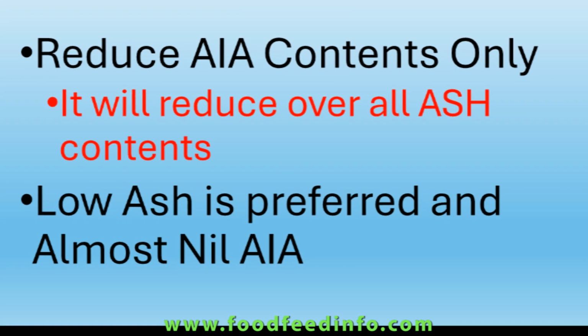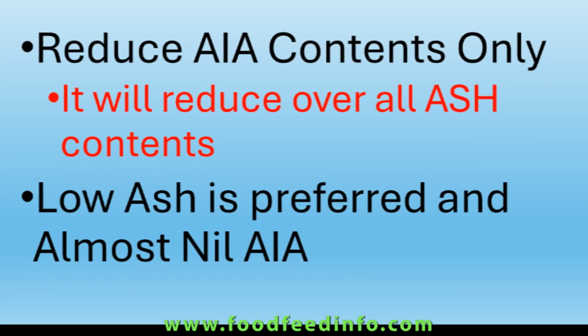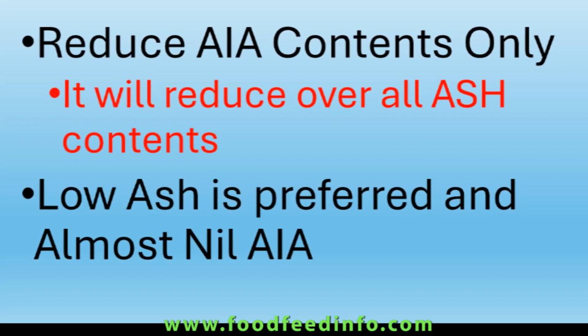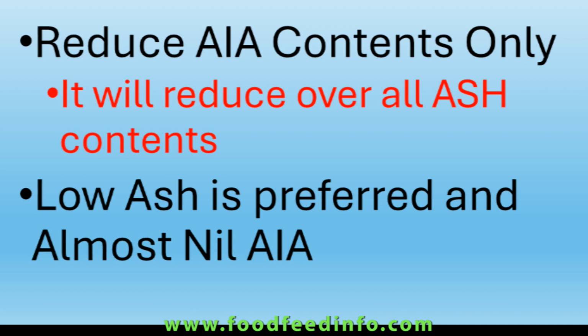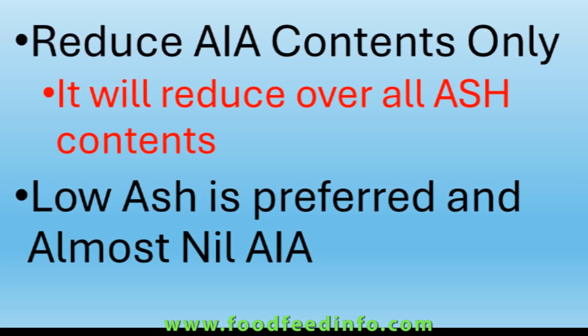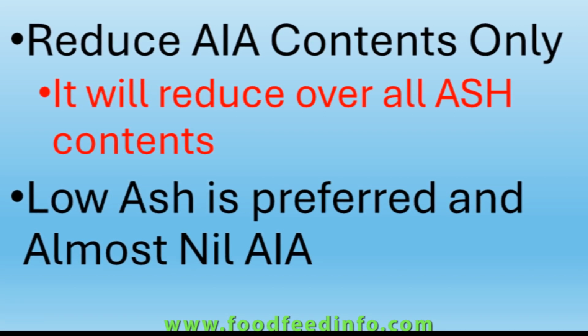There is another thing that must be clear to you. Naturally different feedstuffs have different ash composition. So if they are extraordinarily high or higher than the usual, then you must check whether there is an adulteration of sand or dust particles, because people usually add this dust even in the finished feed just to increase the weight of the feed bag.